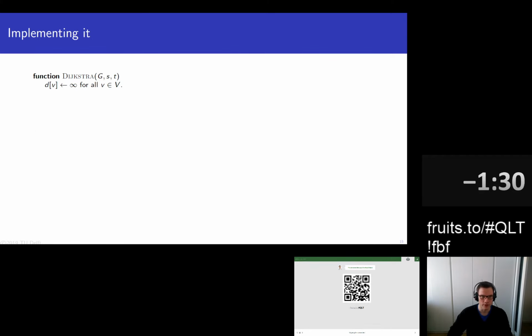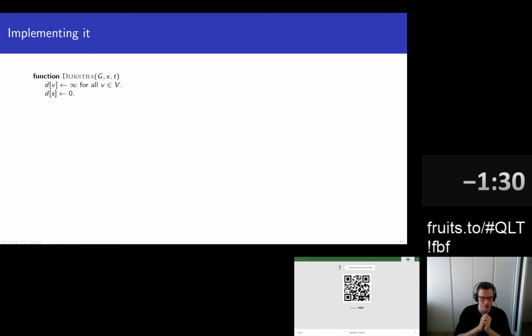Now, let's put that into code. What's that going to look like? Well, bear with me for a second here. First of all, let's say every vertex is very, very far away, right? It's infinity far away. Now, that's quite a bit. Then we have our start vertex. And our start vertex, well, that's where we are now. So that is not away at all.